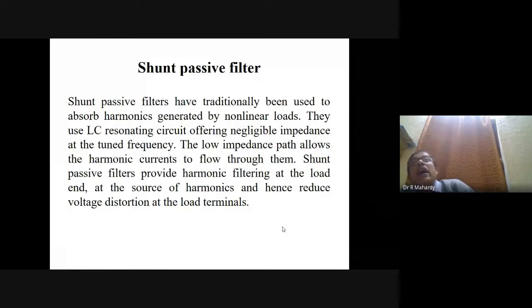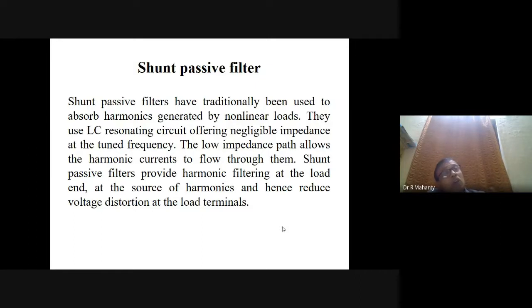The meaning of this is that if you want to remove the third harmonic, you tune your LC at the third harmonic frequency, and when it is tuned at the third harmonic frequency, the third harmonic current will find a low impedance path through it.